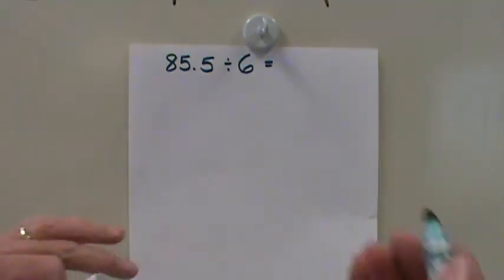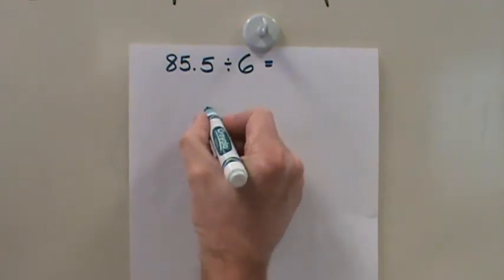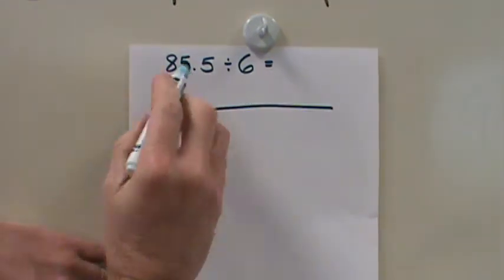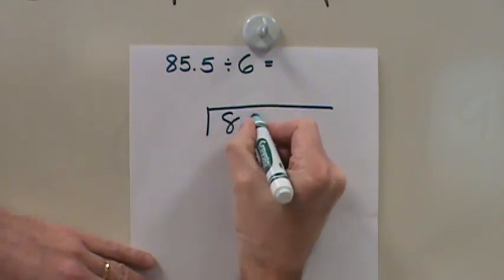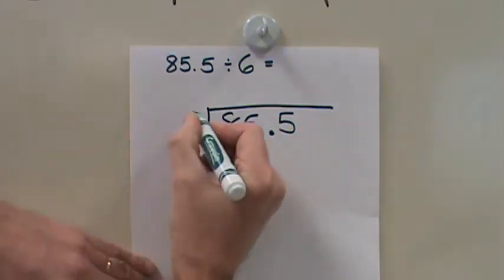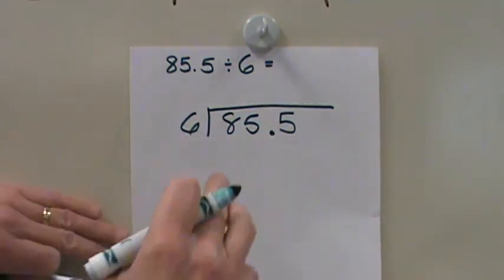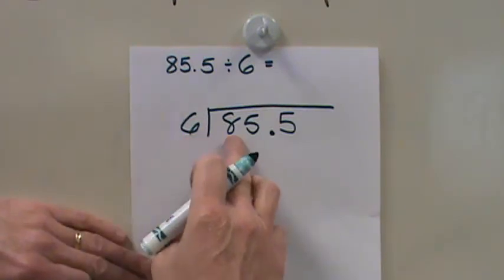Okay, here we go. Math from the real world. Let's start by setting up our problem. Our dividend is 85 and 5/10 divided by 6. Now, when we do this problem, we know that 6 can go into 8.